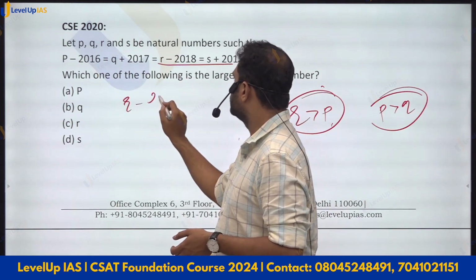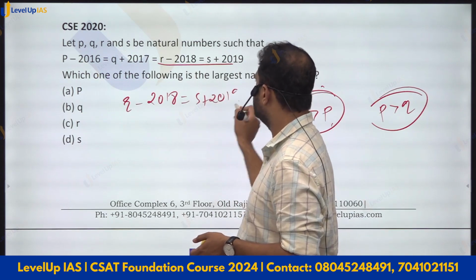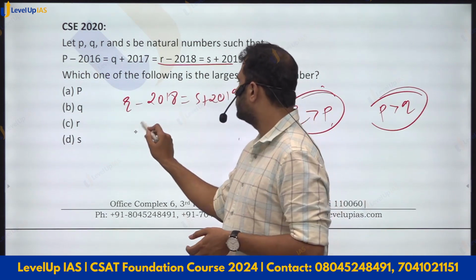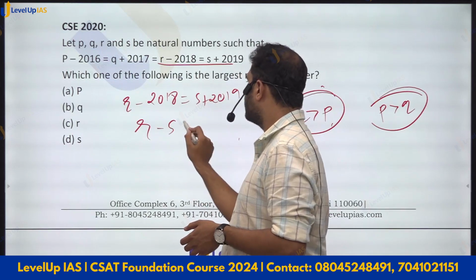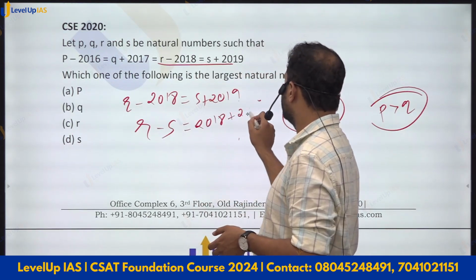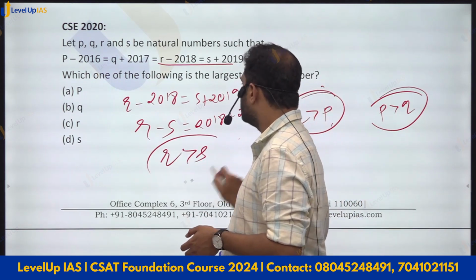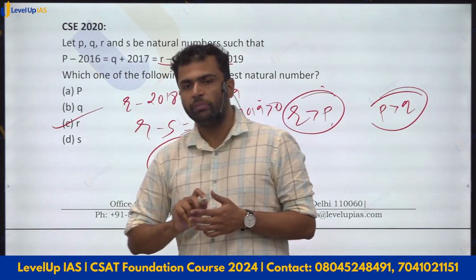R minus 2018 is equal to S plus 2019. So we take 2018 on that side, S on that side. R minus S is equal to 2018 plus 2019, which is greater than 0. So R is greater than S. Ultimately, R is biggest.